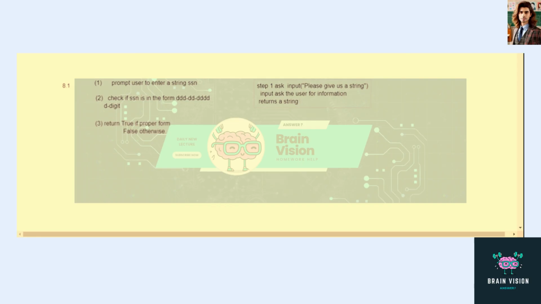So in this case, I'm going to call the string SSN, the Social Security number, to be this input. I'm going to ask the user to give me some input, and I'm going to store that in my variable SSN.